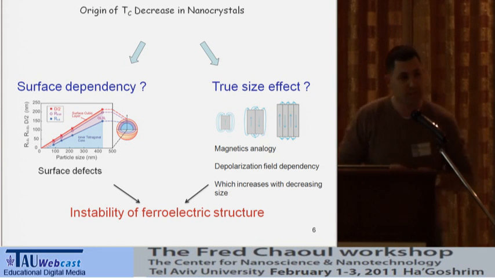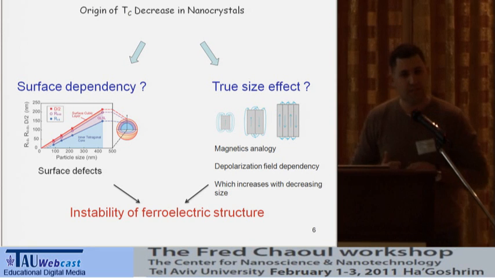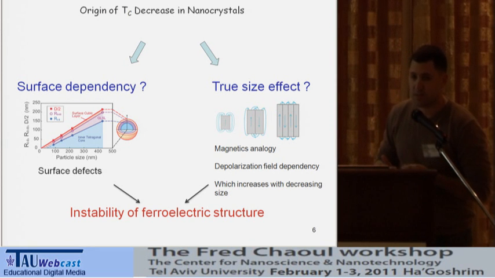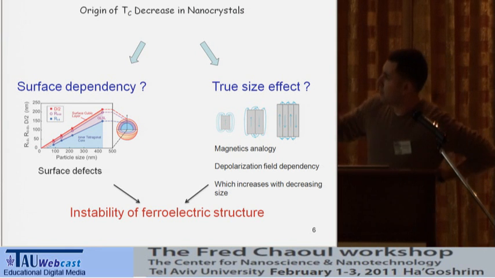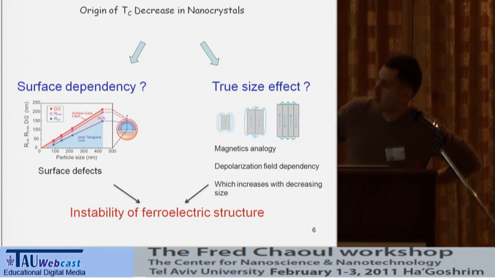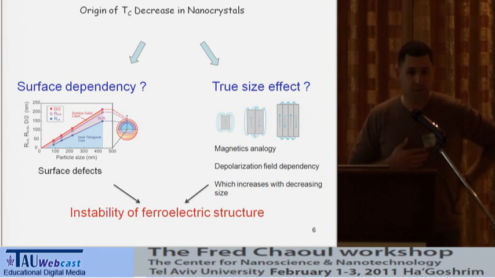Especially we are trying to understand whether this size-dependent phase transition effect originates from true size effects like in ferromagnetics, or is something dependent on the surface of these nanoparticles.